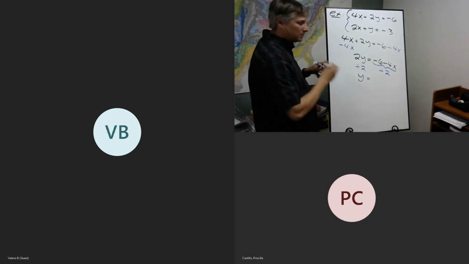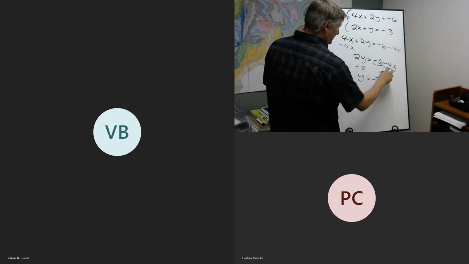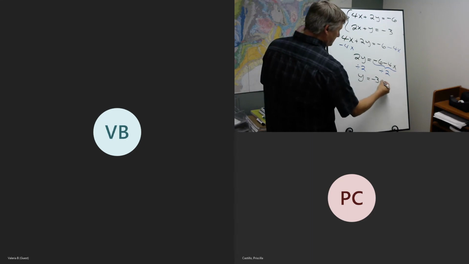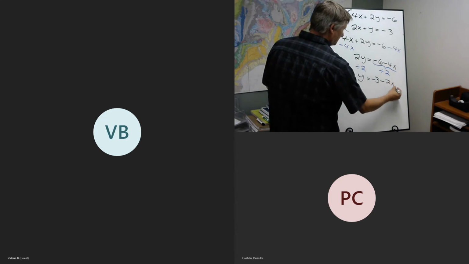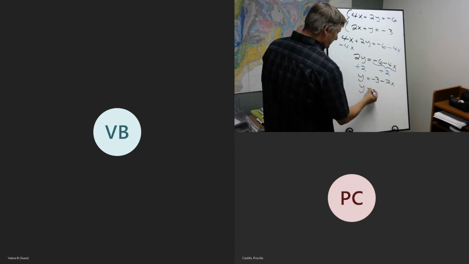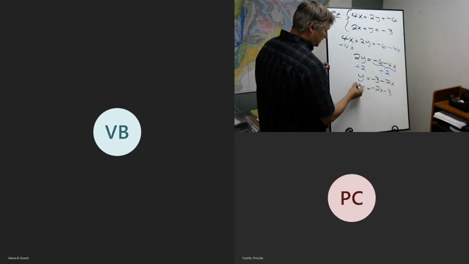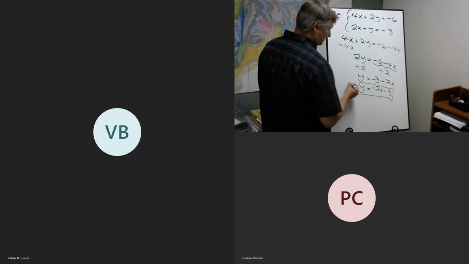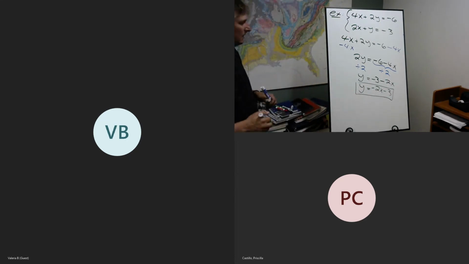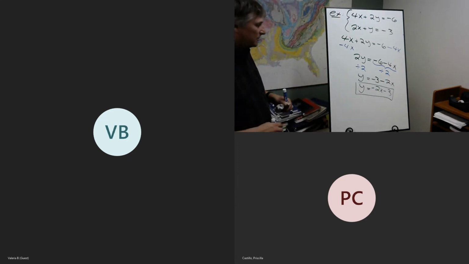Negative 6 divided by 2 is negative 3. And negative 4 divided by 2 is negative 2. Or we can write it as negative 2x minus 3. So negative 2x minus 3.